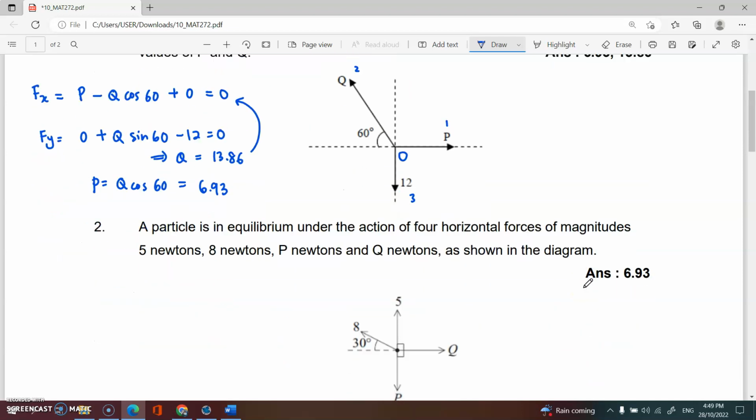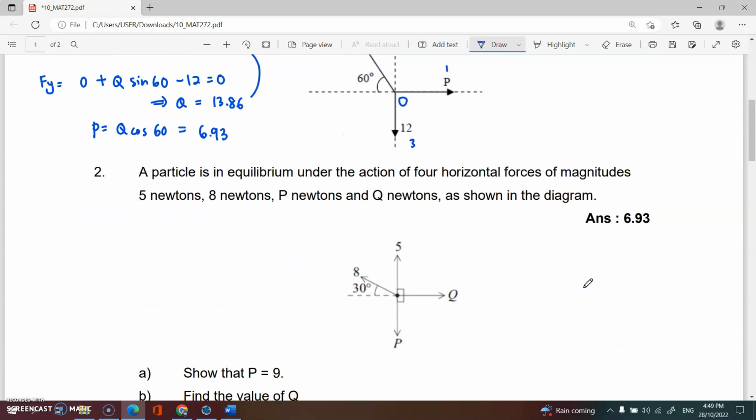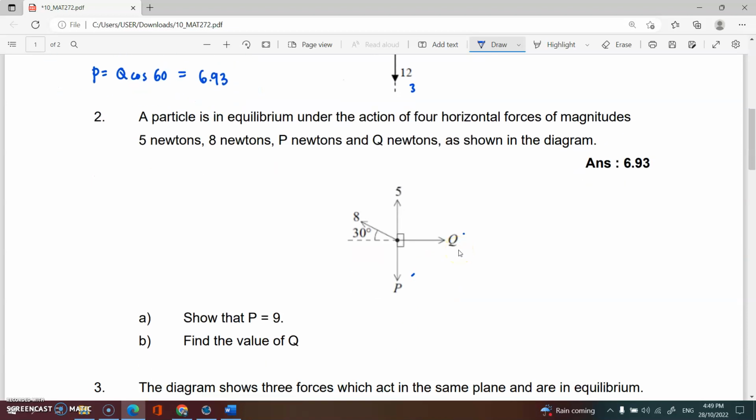Okay, let's move to the second question. A particle is in equilibrium under the action of 4 horizontal forces of magnitude 5 Newton, 8 Newton, P Newton, and also Q Newton. For this question, it asks you to show that P is equal to 9. Let's say this is number 1, 2, 3, 4.